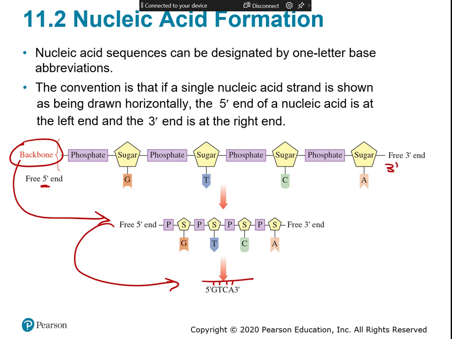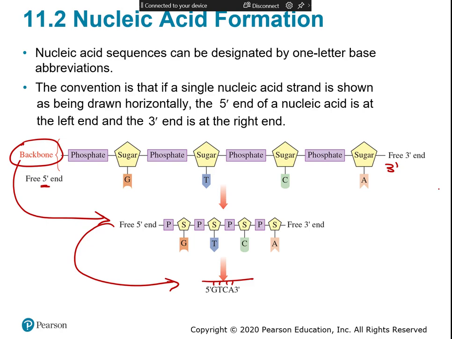So that's where these numberings come from. There's always one end and another, and you can't flip it. So the order goes 5', then phosphate, sugar, phosphate, sugar, phosphate, sugar, phosphate, sugar. And then on the other end would be that 3' end. So there's a beginning and an end to the strand, just like what you saw with proteins.